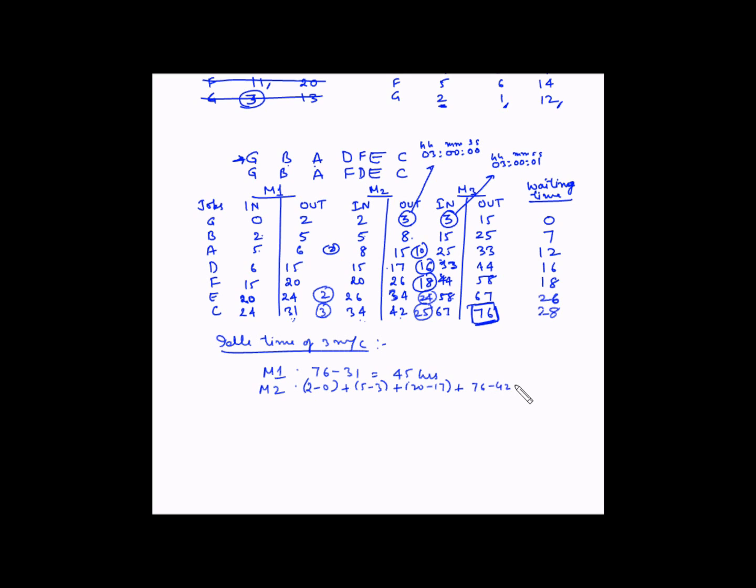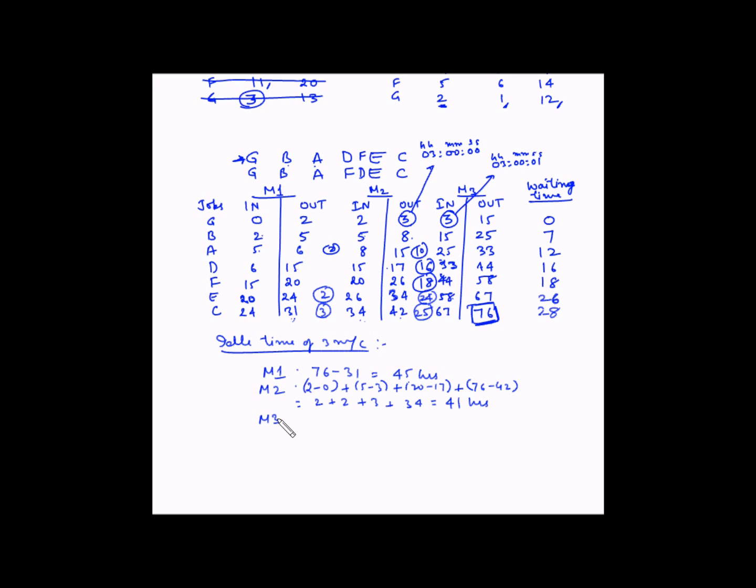So plus 76 minus 42, this is equal to 2 plus 2 plus 3 plus 6 minus 2, 4, 7 minus 4, 3. This is equal to 34, 35, 36, 37, 38, 39, 40, 41. So 41 hours.